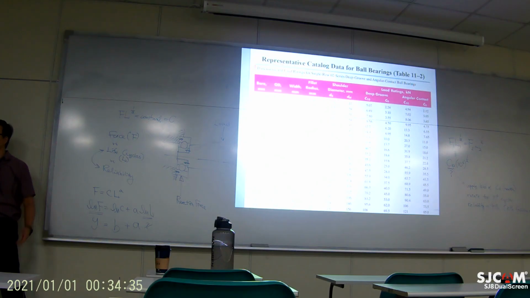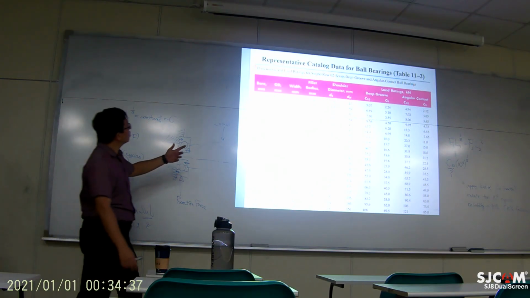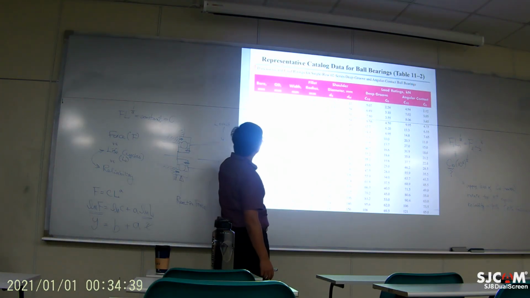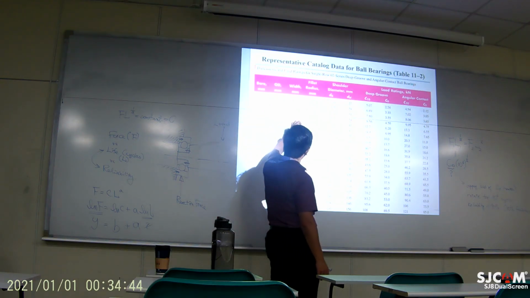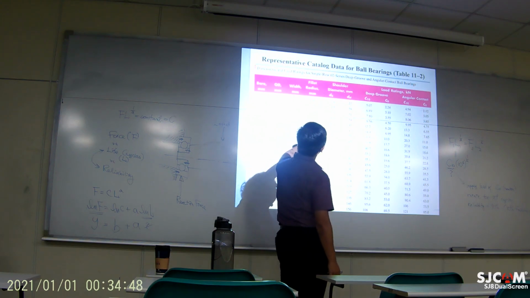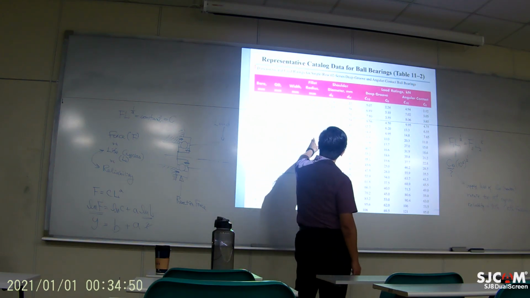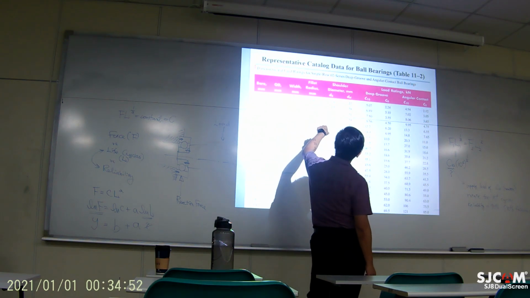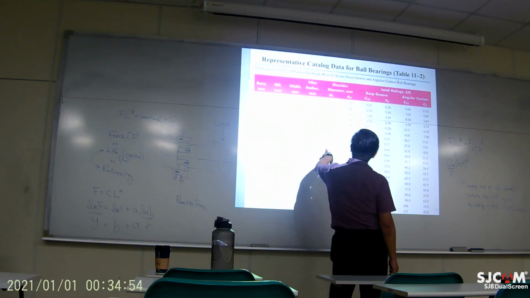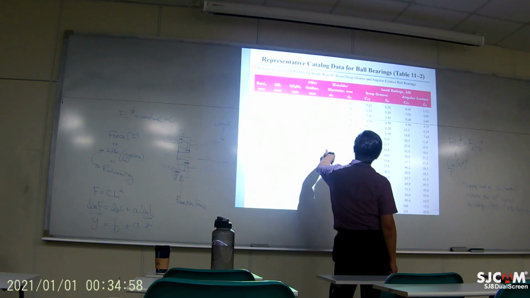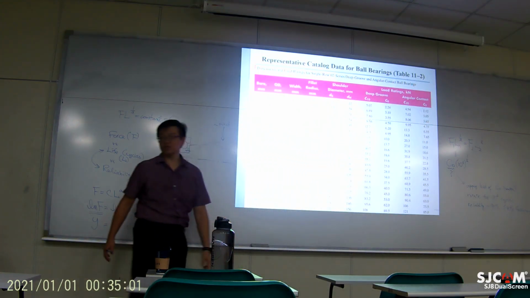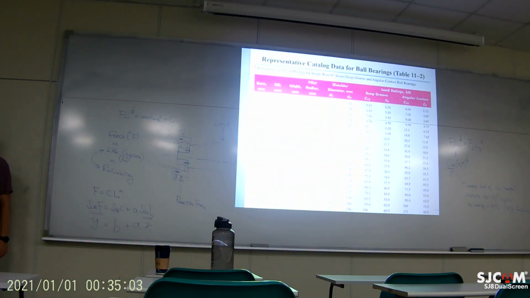So this is a ball bearing, right? Different dimensions: inner diameter, outer diameter. This is how thick, the width, how wide the bearing is, and this is the round, the fillet at the corner. I forget what the shoulder diameter is.